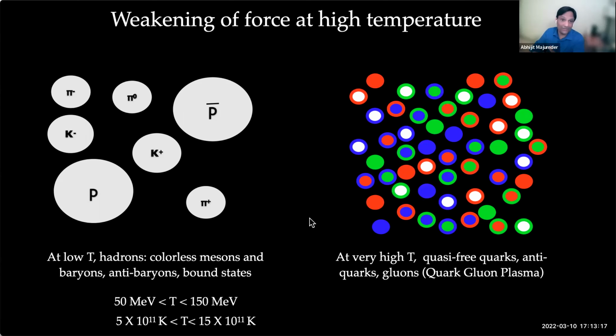And at some high temperature, you may have a plasma of quasi-particle quarks and gluons. My sense, and this is a personal opinion, is that we still haven't hit the quasi-particle regime of the Quark Gluon Plasma. Color is deconfined, but probably the excitations are not quasi-particles, maybe to be seen.